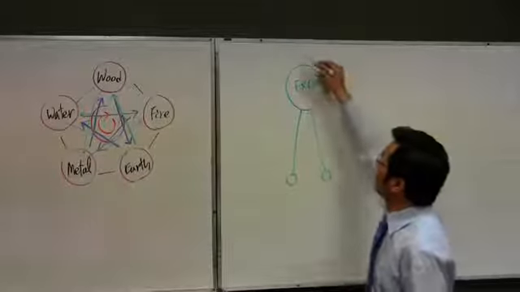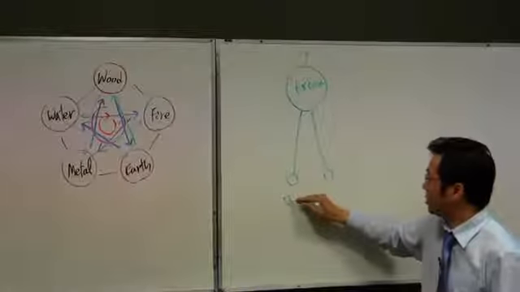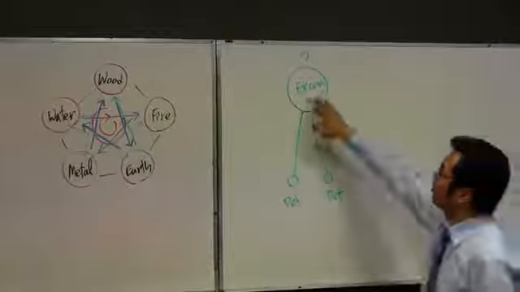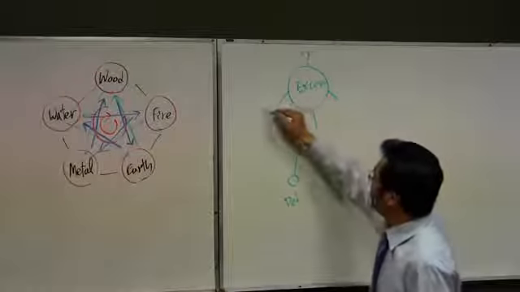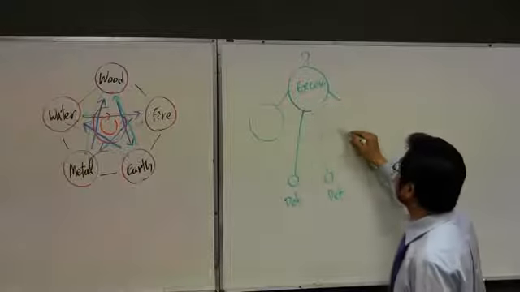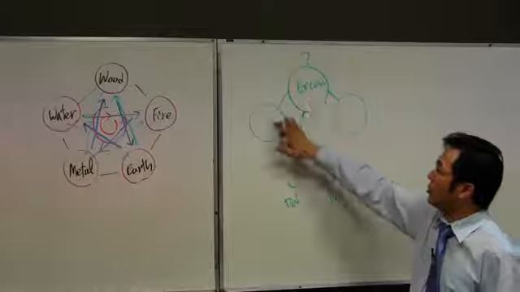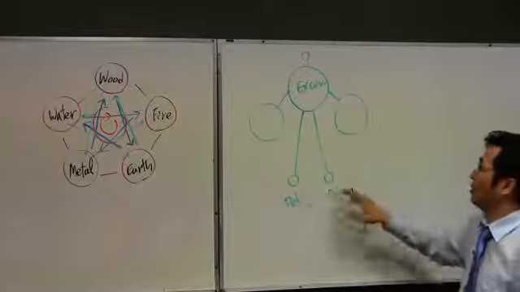If a certain element is in excess, the opposite gets deficiency. And these elements usually share energy with family members, with the mother and son. So when one element is in excess, usually the other two can be in excess, and the other two can be deficient.